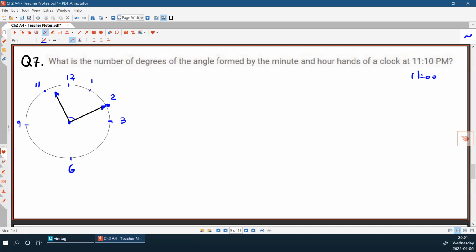Okay, so this angle actually has two parts. It's the sum of this angle here and this angle here, right? And apparently, let's call this angle alpha and this angle beta. And apparently, alpha is not very difficult to find, right?